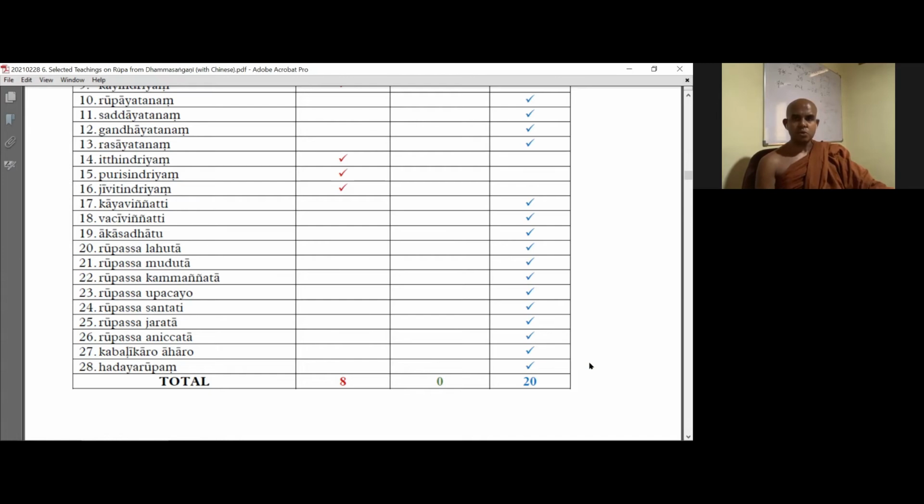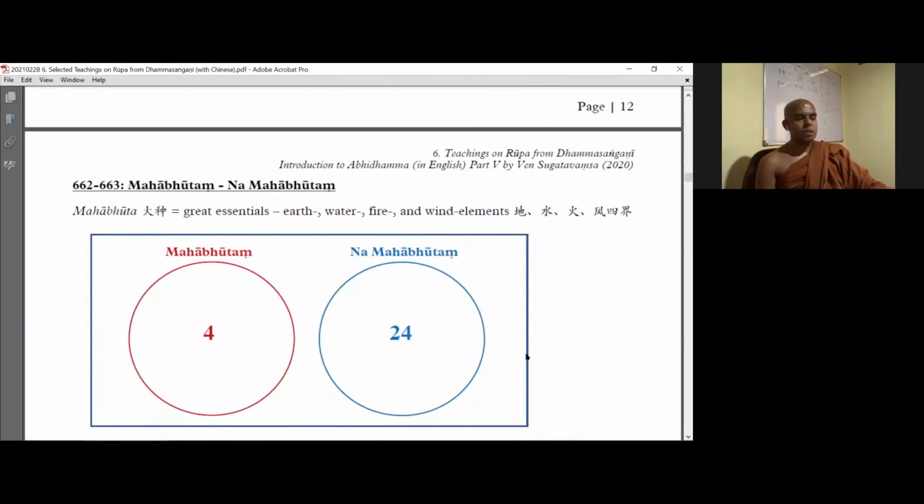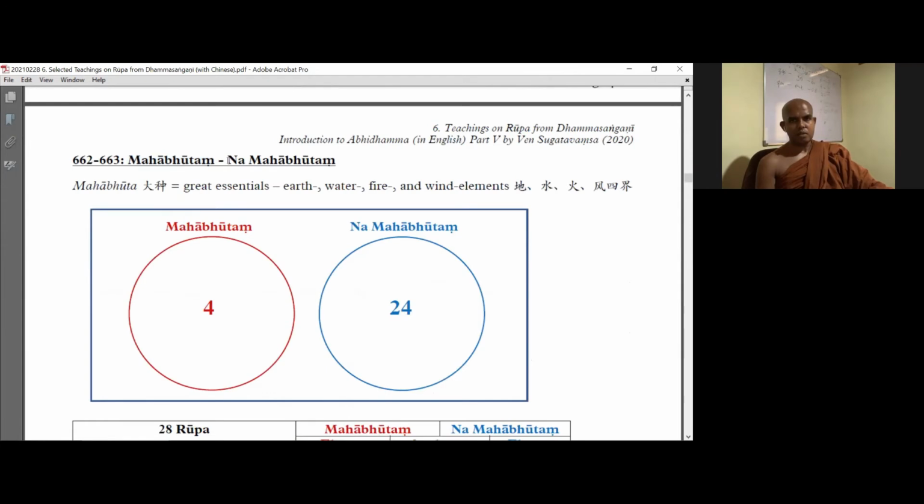About the next group, Mahabhuta and na Mahabhuta. Those are the 28 rupa. We can make another two groups, Mahabhuta and na Mahabhuta. Mahabhuta is called great essentials. Now we know there are four: earth, water, fire, and wind elements. The na Mahabhuta, not great essentials, are 24 rupa.